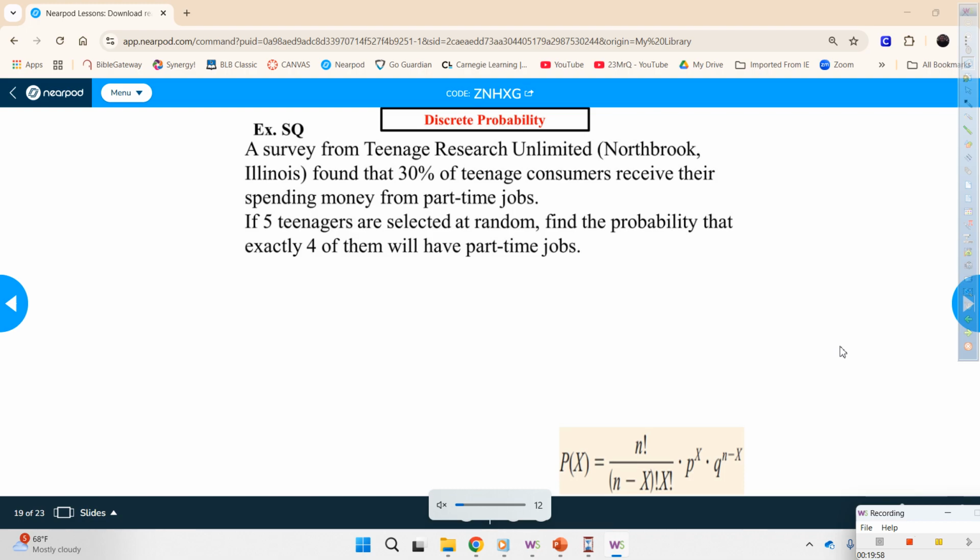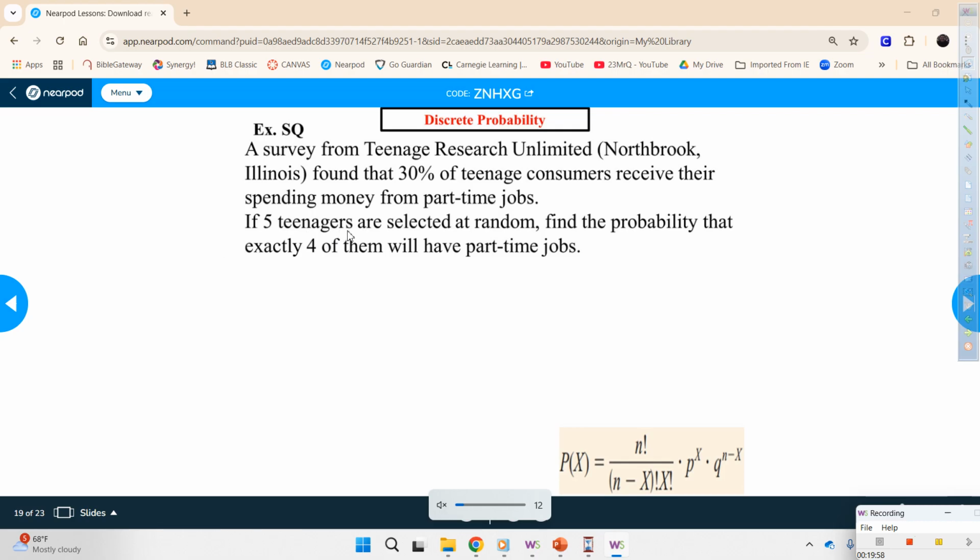And before we move from 1 to 5, how comfortable are you using those parameters now? You got 4s, 5s. All right. So example Q reads, a survey from Teenage Research Unlimited, Northbrook, Illinois, found that 30% of teenage consumers receive their spending money from part-time jobs.